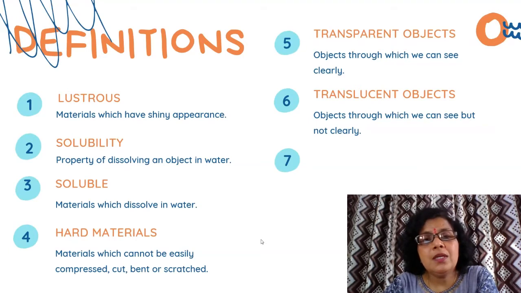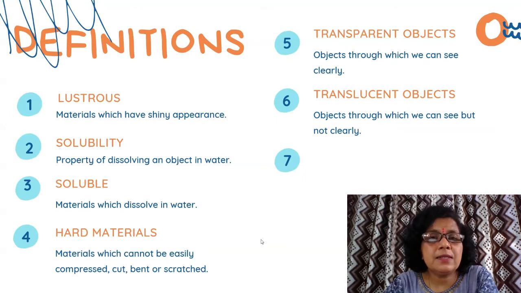No. Now apply some oil on that paper. Now try to look through it. Yes. Now you can see a rough image, but that image is not clear. Now this paper becomes translucent, through which we can see but not clearly.